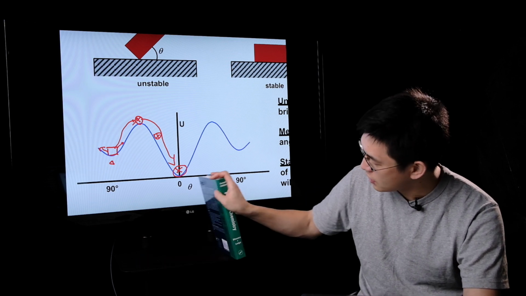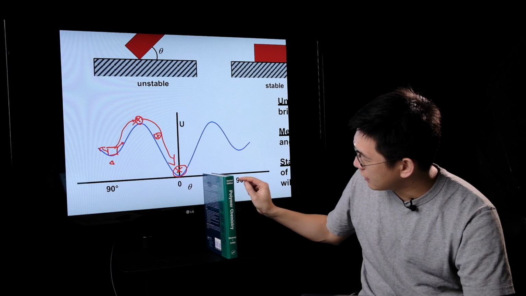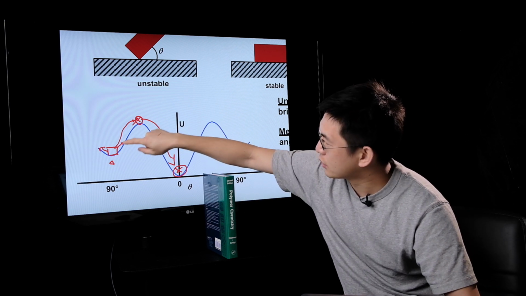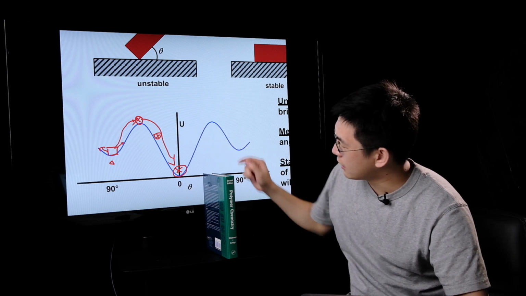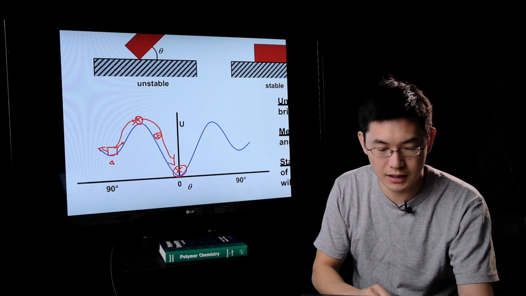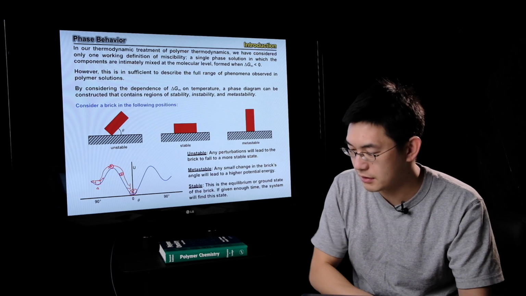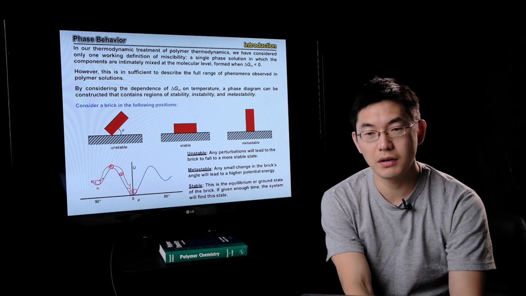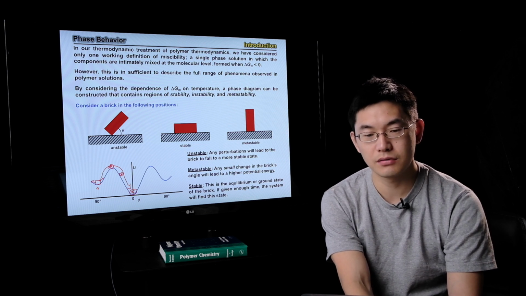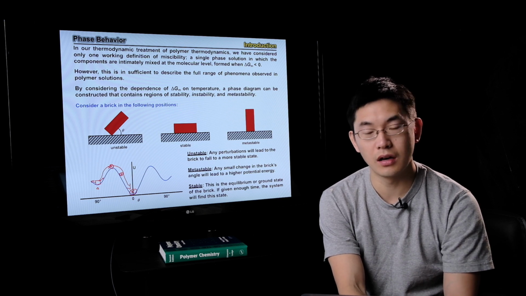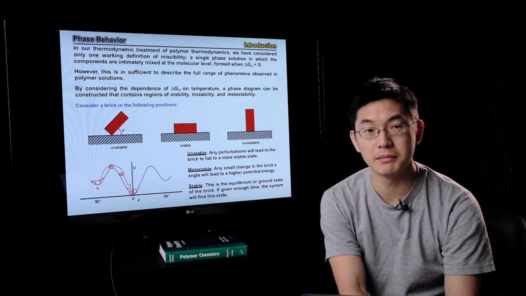So in other words, if I poke it gently, it will be able to relax back, because it only goes up the energy well a little bit, until I poke it too much, then it will go to an even lower state. So when you talk about those three different states, in polymer solution we actually have similarly three different states. They are comparable to those unstable, stable, and metastable states in the phase diagram.